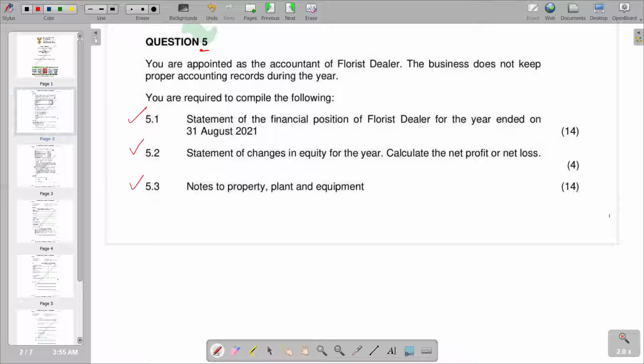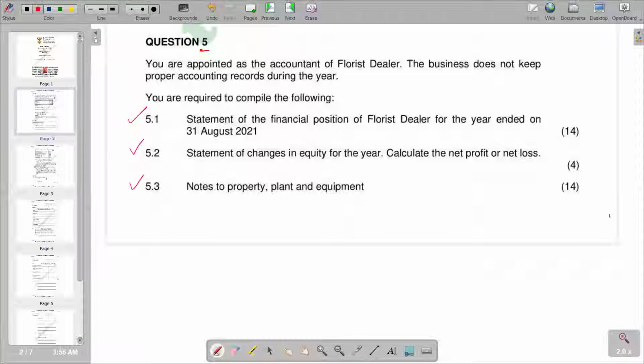Obviously, we have to take note that the statement of changes in equity comes as a note to the statement of financial position. Remember, there are pre-calculations that need to be done before preparation of the statement of financial position. In other words, the figures that we calculate in the notes are used in the statement of financial position.